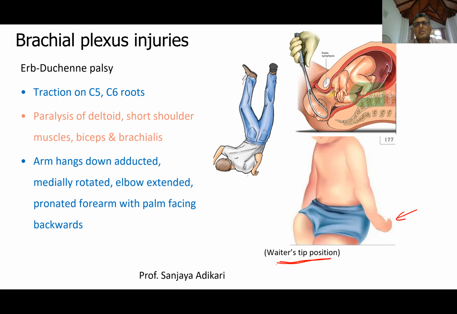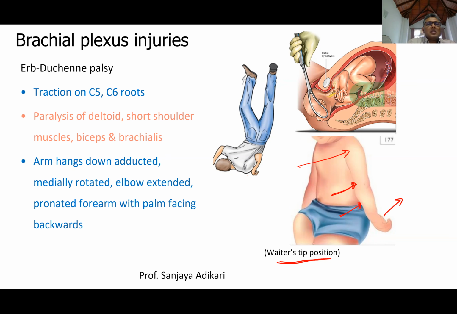That's why I ask you to describe it. Now, what is the deformity here? You have the shoulder adducted, and the limb therefore is by the side of the body, elbow fully extended, forearm pronated. That's how you get the palm looking backwards here. So the shoulder adducted, elbow extended, forearm pronated.